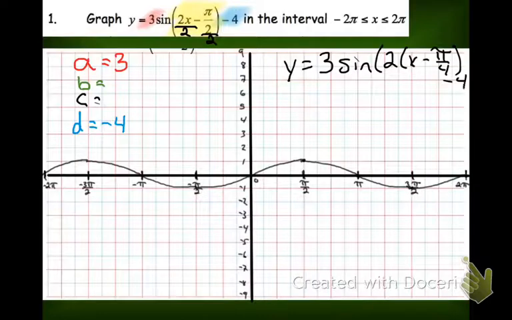So now we can see what our b value is. And in this case, b is out in front here, so it's going to be a positive 2. And our c value is pi over 4. So each of these means something a little bit different. So the amplitude, if we recall, is a vertical stretch.